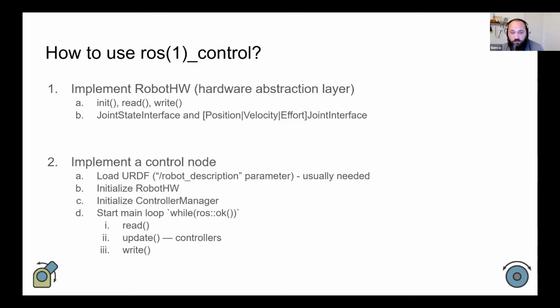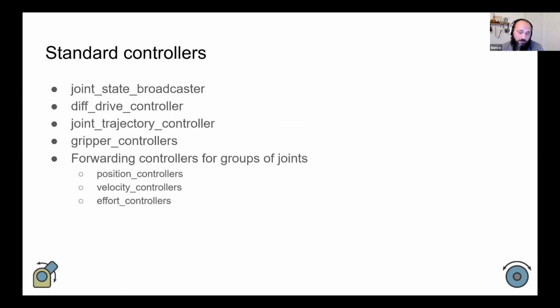That does all the communication from the robot hardware. You update your controllers with this information, which all runs in a single thread, fairly deterministic. All your controllers are always going to be executed in the same order, and then you send all the commands back to your hardware. A little bit limited, but this has been working really, really well for many years.